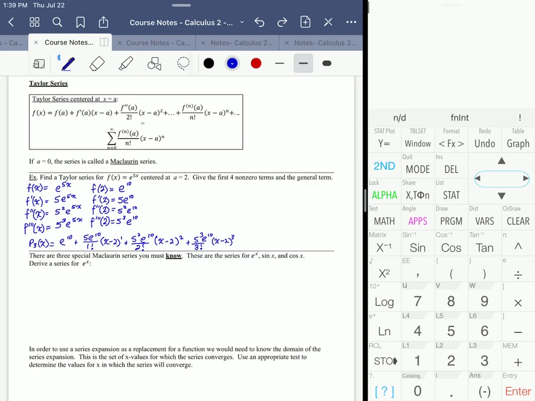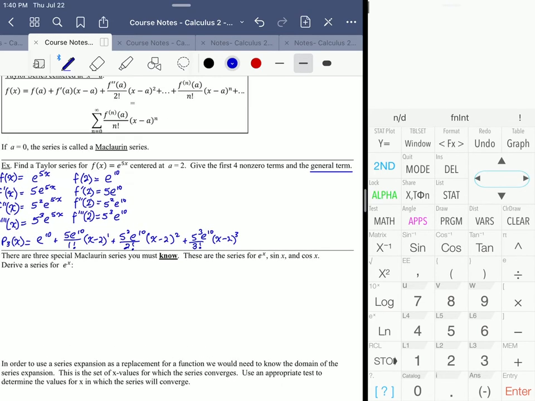All right, so my general term, if we look at everything that makes up our expansion here, you see that consistency that develops, right? We have an x minus 2 in every case, all right? It varies what power it's being raised to, but let me just write x minus 2. We have an e to the 10th, all right?